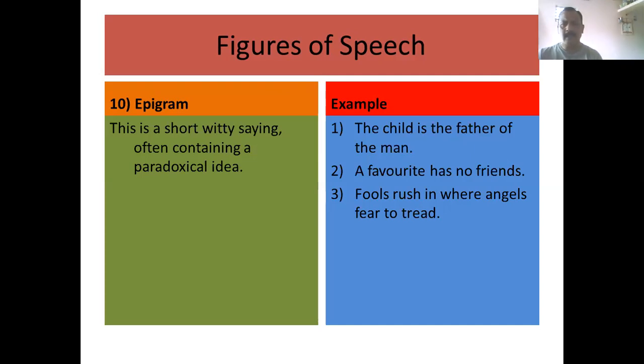Sometimes you will find that foolish people do many daring or adventurous things in their life, which the common people, or the wise people, cannot do. Such a witty saying is also called an epigram.